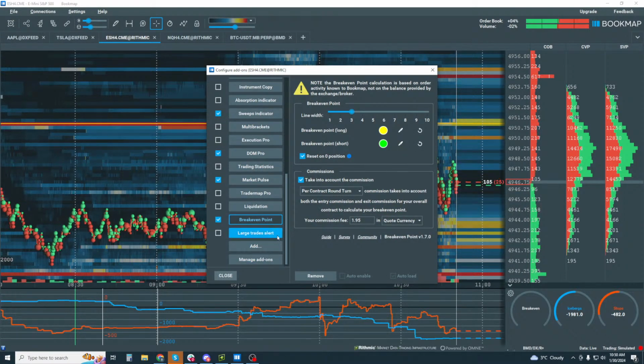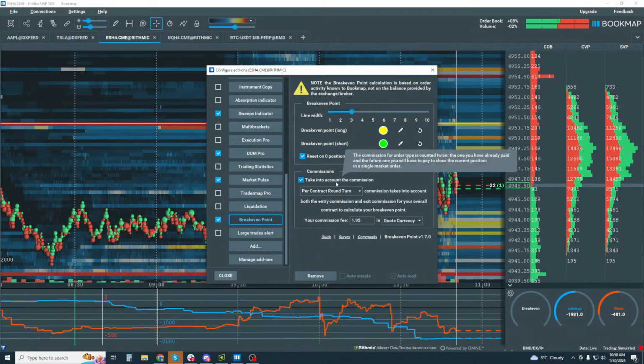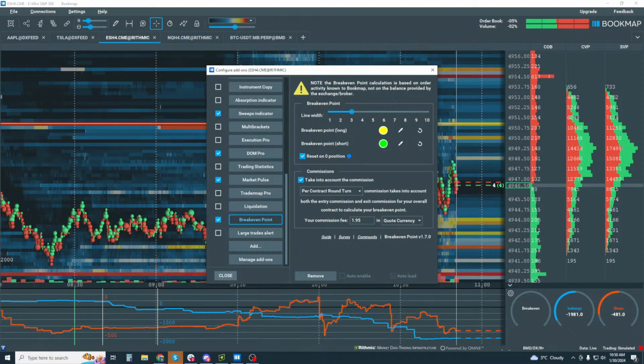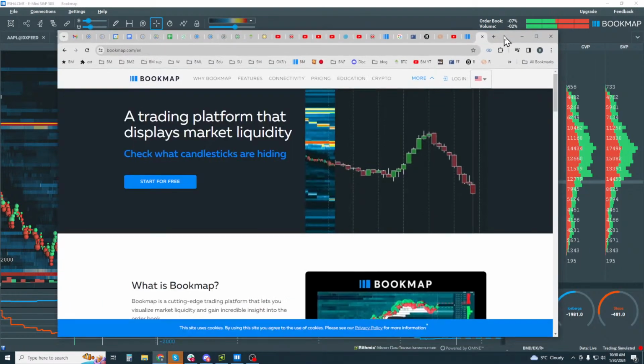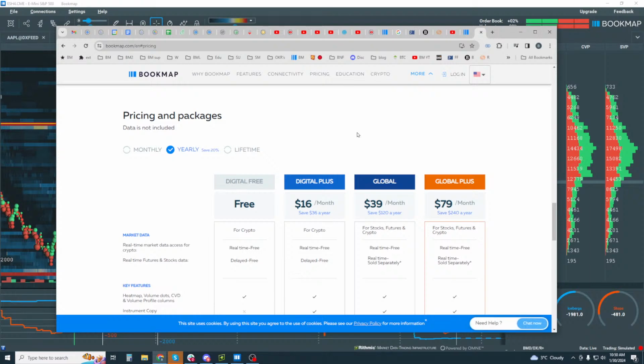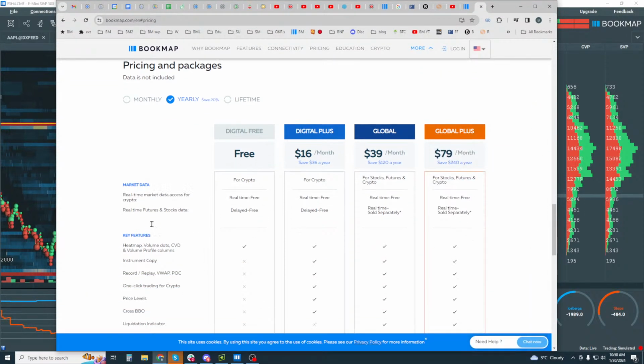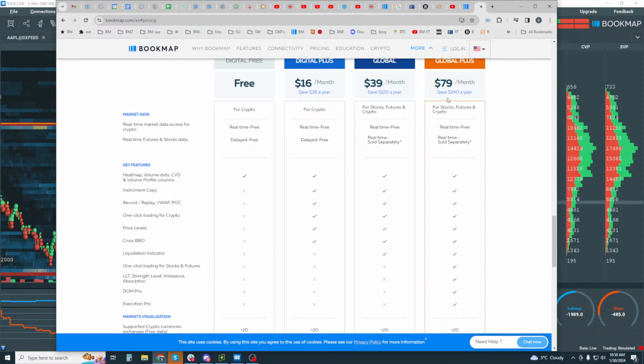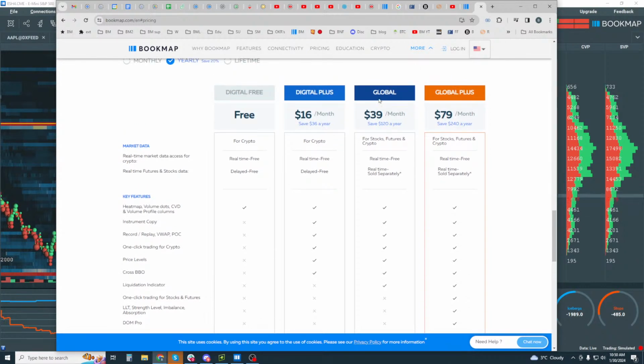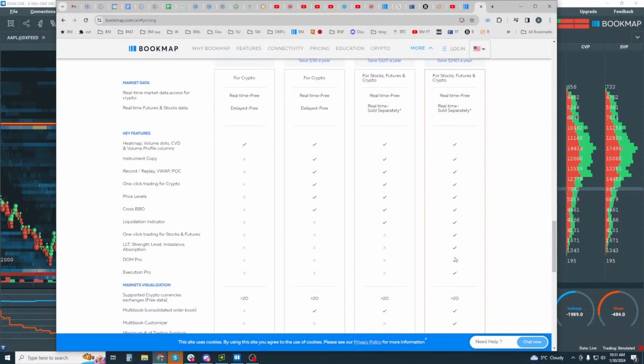Oh, one other thing, guys, with the break-even tool, you should be using this. You can also put in your commissions. It's free with Global Plus. So I think it's free with Global Plus. Let me take a quick look here on that. I'm not sure exactly what you get here. All right, so this is Global Plus here, and then Global. You get price levels. You get all these extra add-ons with Global Plus and the ability to trade in live market. You also get the Dome Pro, Execution Pro.